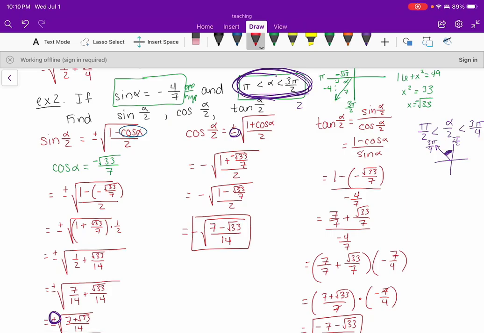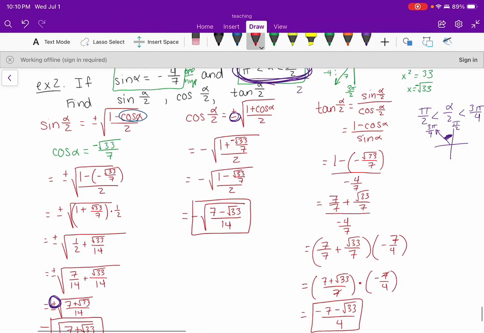This one was hard to simplify. Just a little messy looking, really. We're going to do another one kind of like this, but with the double angle identities, which I haven't given you yet, but I'll give you those in just a minute. So this is it for the half angles.